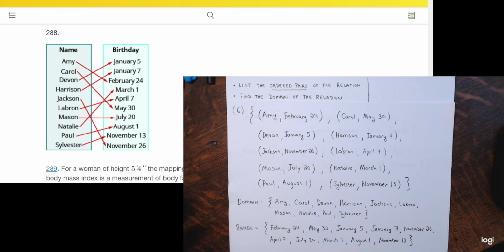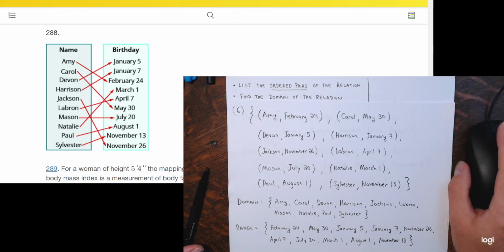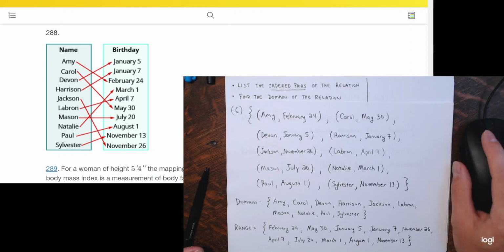A person is related to their birthday in this particular one. Obviously, because these aren't numbers exactly, we wouldn't really have an equation for this, and I wouldn't be able to really put this on a graph, maybe. So a set of ordered pairs and a mapping are probably the best ways to represent something like this. Okay, so that was example 6, exercise 288.